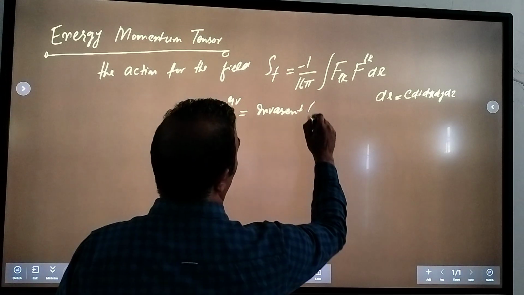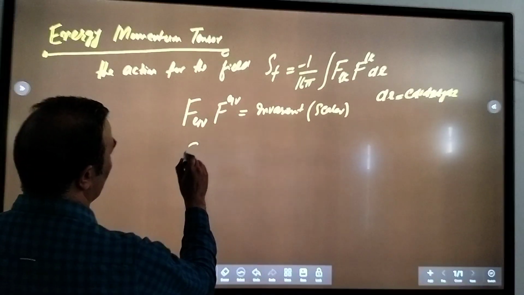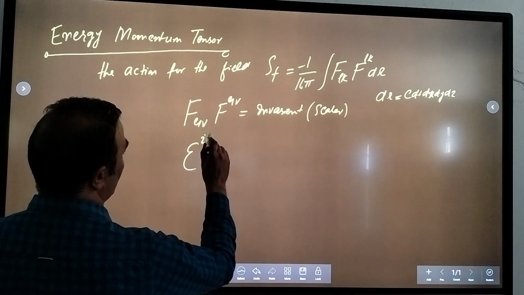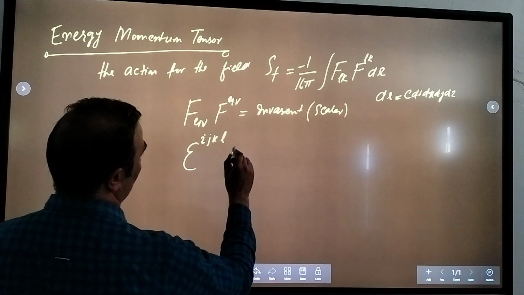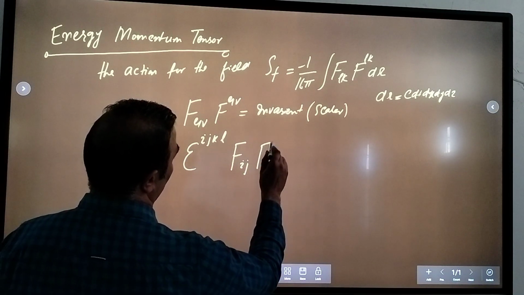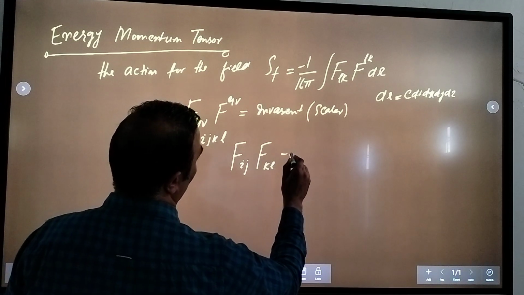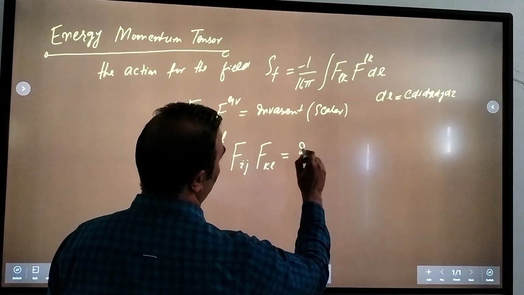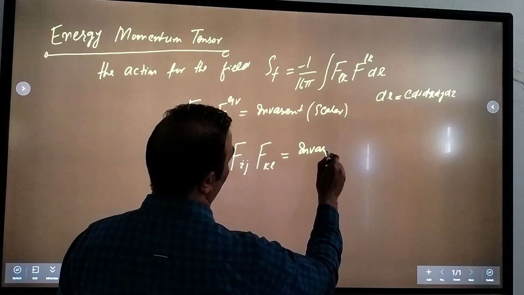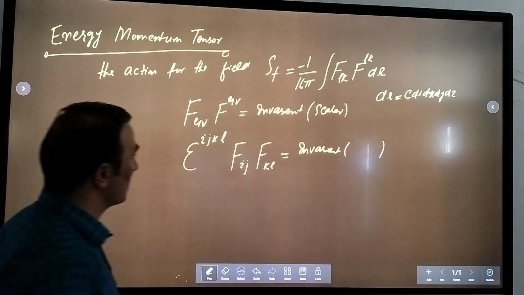Instead of that, if you now write in terms of epsilon ijkl F ij F kl, this also remains invariant, but there's a difference when you multiply by this.